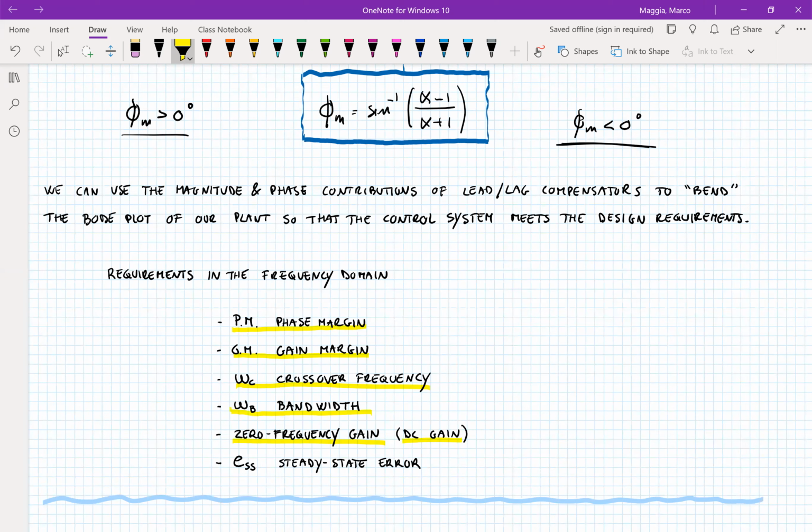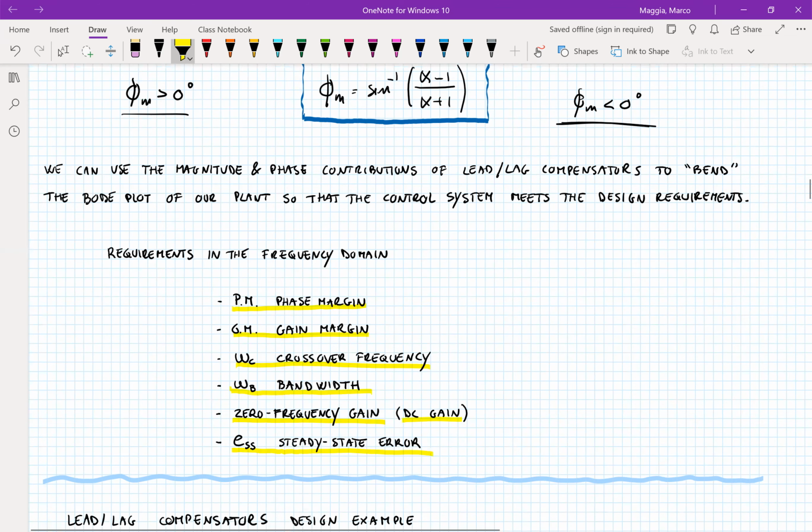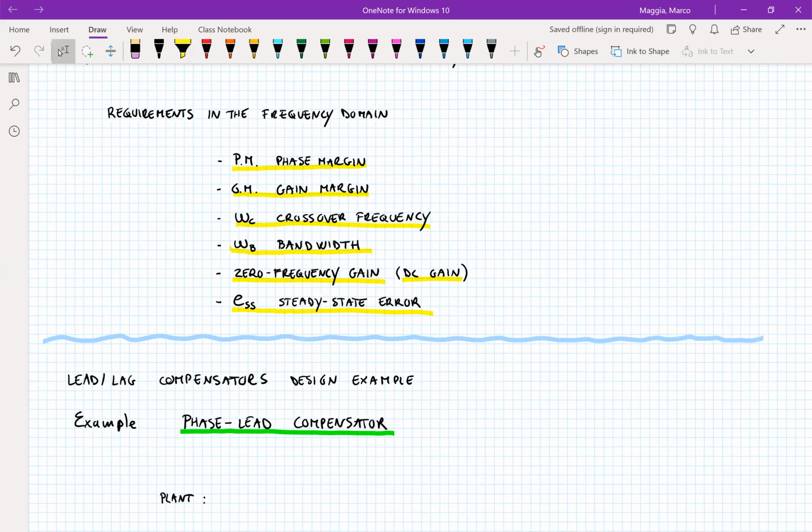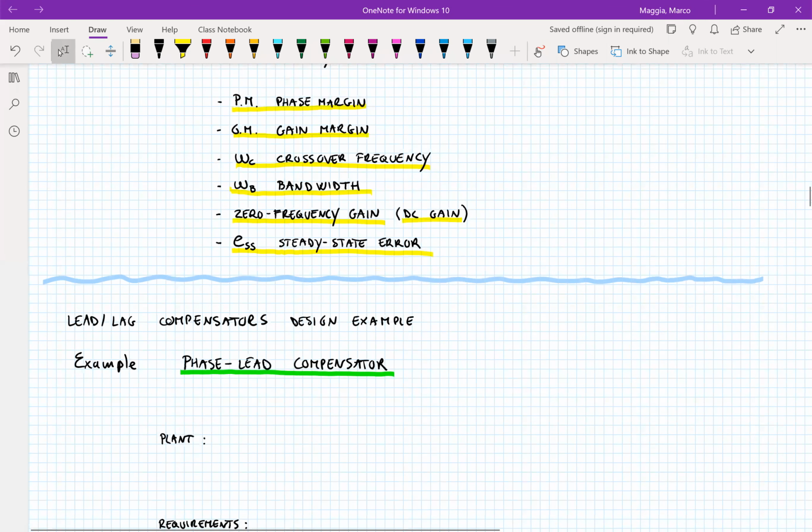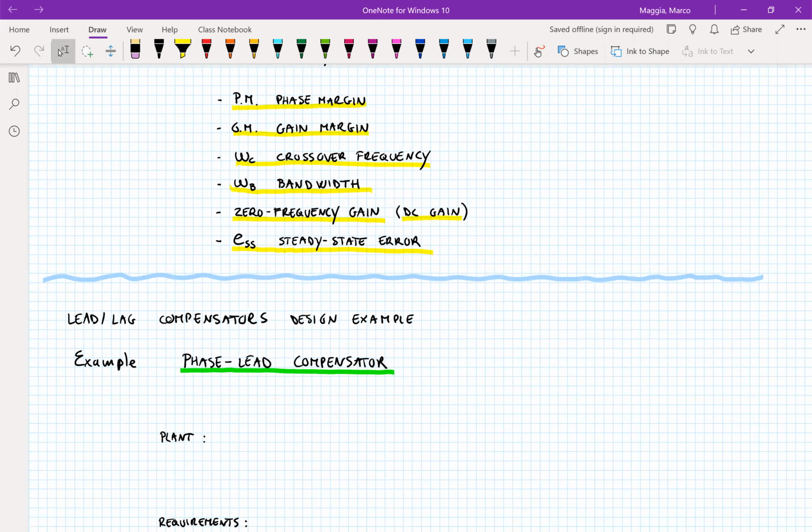And then we can also have requirements in terms of the steady state error, something that we've already seen. So now what I want to do is to present an example for a lead compensator design and then for a lag compensator design. But the problem is going to be the same.